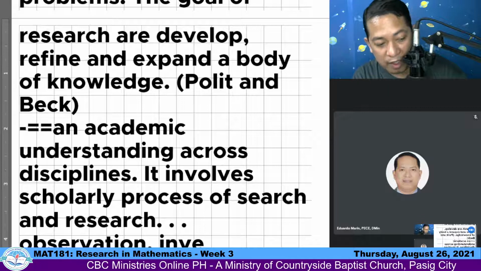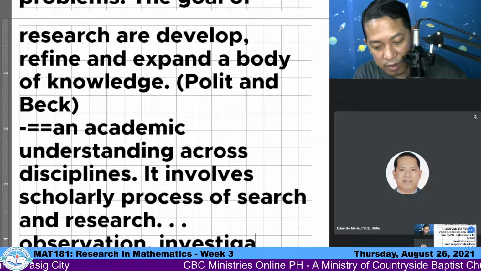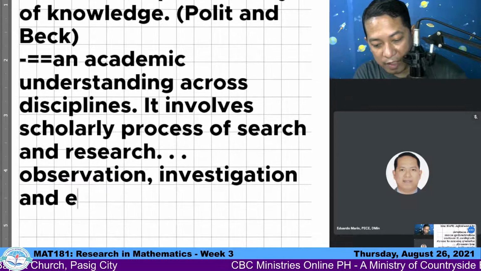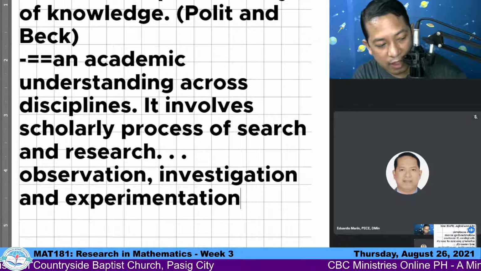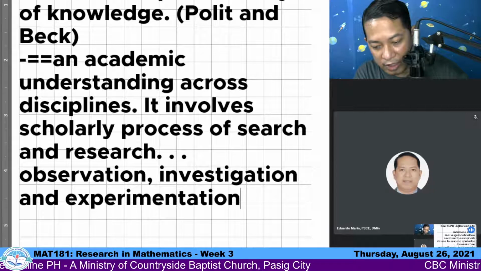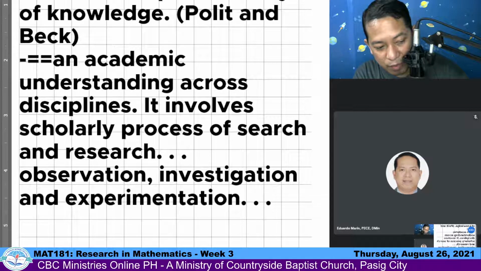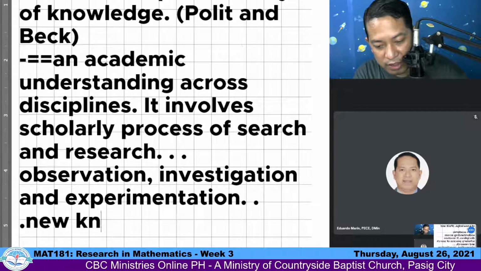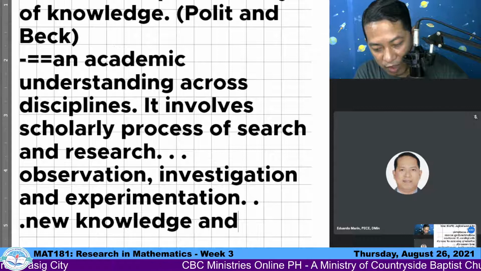There must be an investigative process and experimentation, subject to any of the following purposes: to discover new knowledge, the purpose is for us to have new knowledge and paradigm or framework.